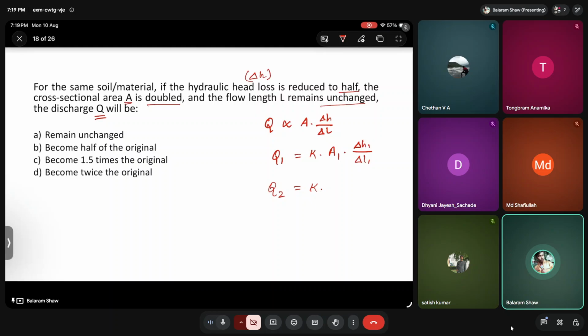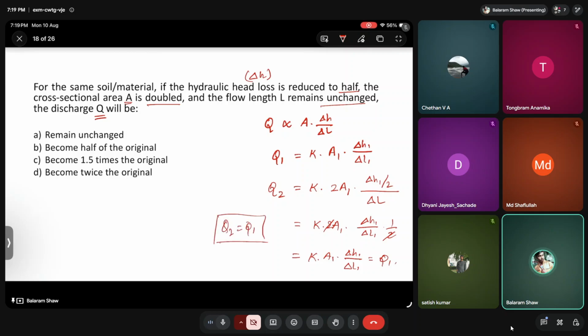The area is doubled, so it becomes 2 A1, and the hydraulic head loss became half, so del H1 by 2, and the flow length remains the same, del L. So it becomes 2 into A1 into del H1 by del L1 into 1 by 2. This 2 will cancel out, and we can write this as K into A1 into del H1 by del L1, which is again equal to Q1. As Q2 equals Q1, the discharge remains unchanged.